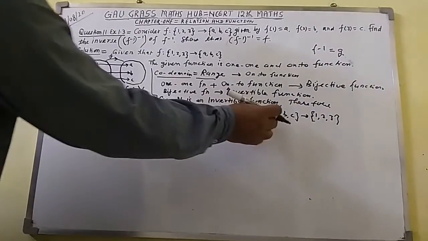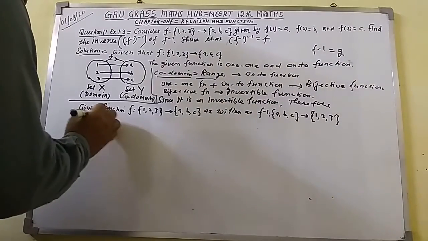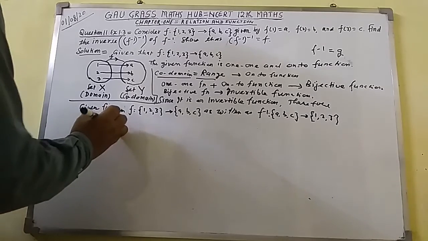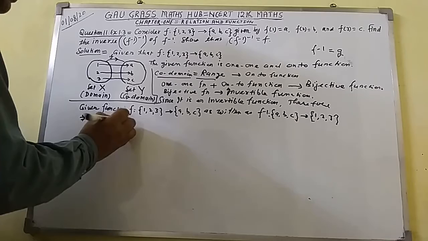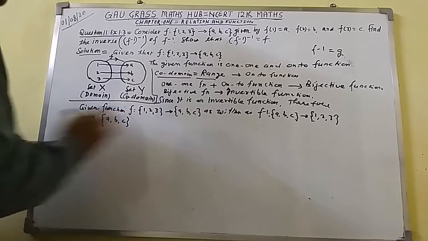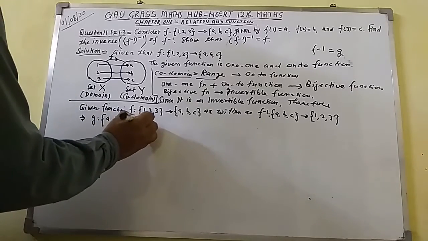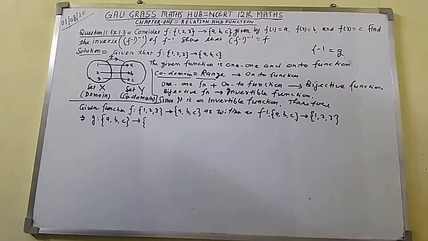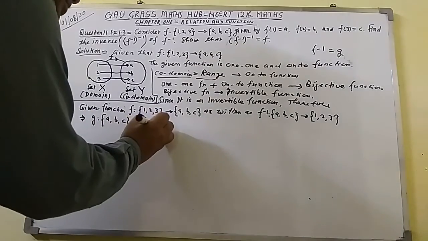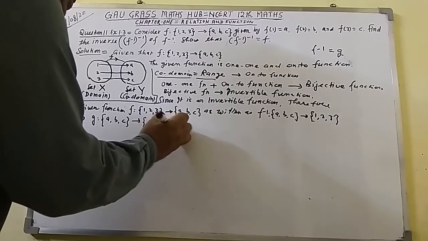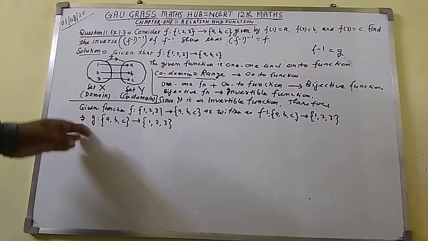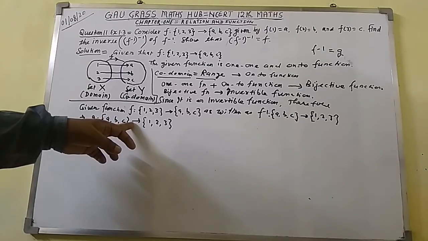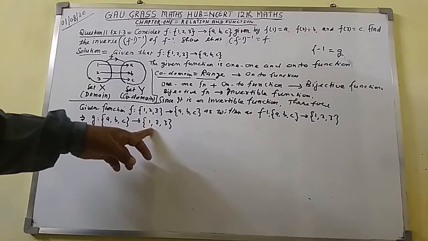So here, in place of F inverse, you can write G goes from {A, B, C} to {1, 2, 3}. G: A, B, C goes to 1, 2, 3.